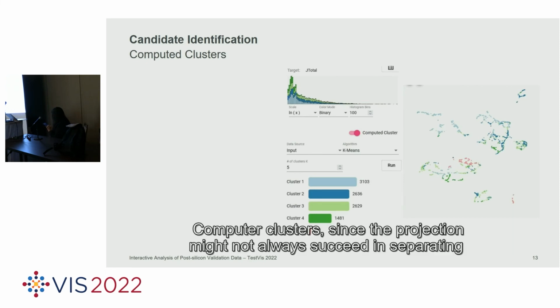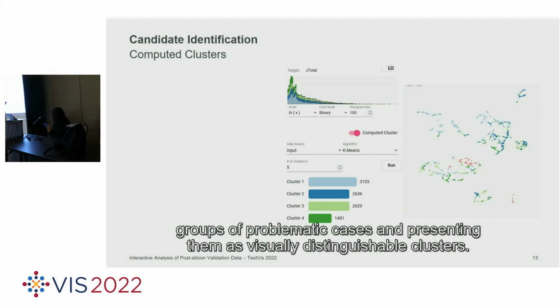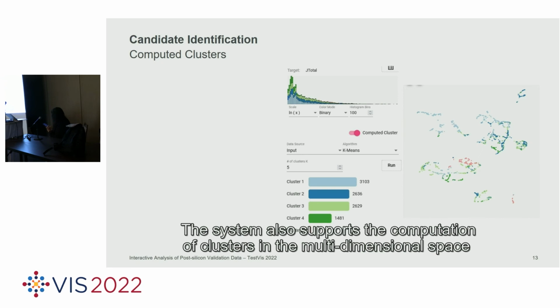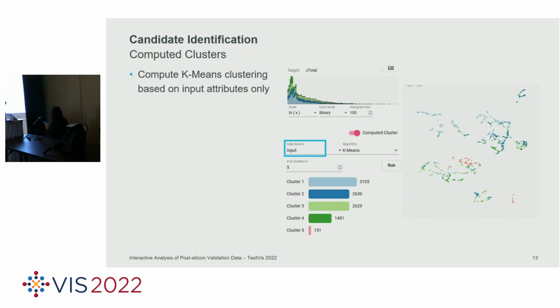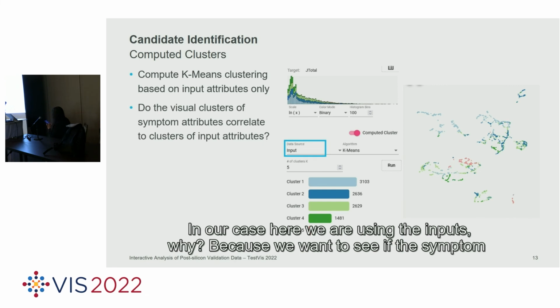Computed clusters. Since the projection might not always succeed in separating groups of problematic cases and presenting them as visually distinguishable clusters, the system also supports the computation of clusters in the multidimensional space by applying k-means clustering, either using only symptoms or only inputs. In our case here, we are using the inputs. Why?